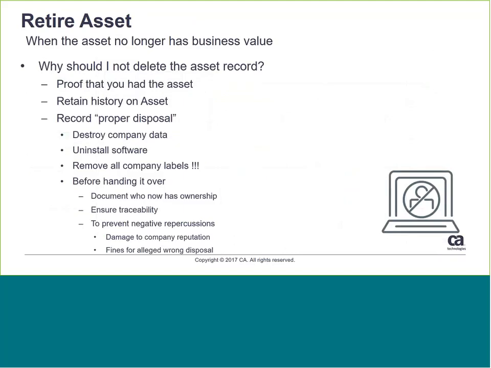You need to record that. Obviously, you need to prove that you had the asset and no longer have it. You want to retain history for vendor management, so if you found that you had machines that you needed to retire earlier because they were not good enough, then you might not want to buy these anymore. And then you want to make sure that you do the proper disposal.